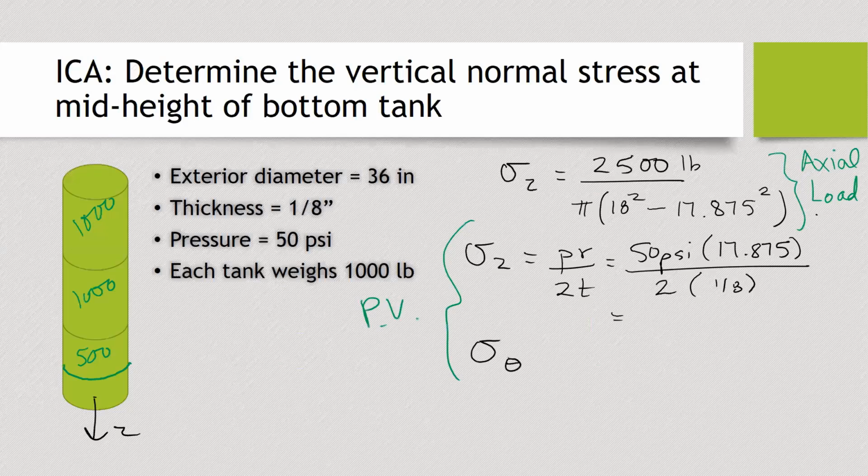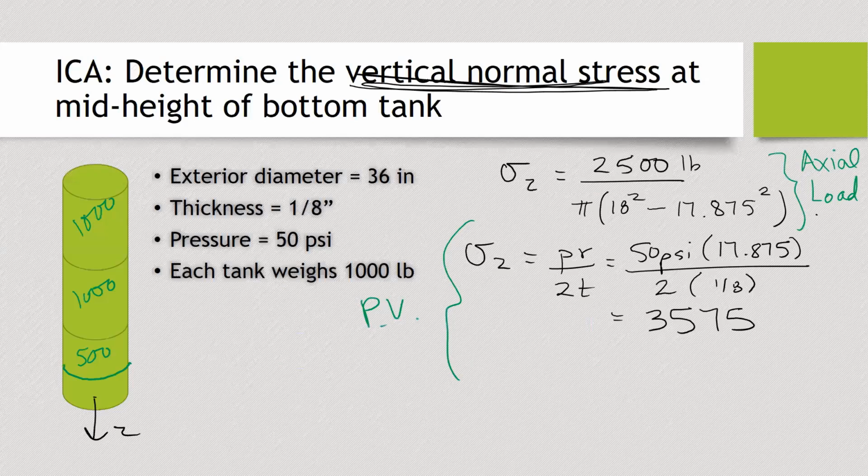3,579. 2,500. You're right. Yeah. I just asked about the vertical normal stress. You could do sigma theta, but that's not the superimposed part. Thank you. And I didn't write down what you said for some reason. What was this one? Oh, you did. It's right there. Oh, the 3,575.